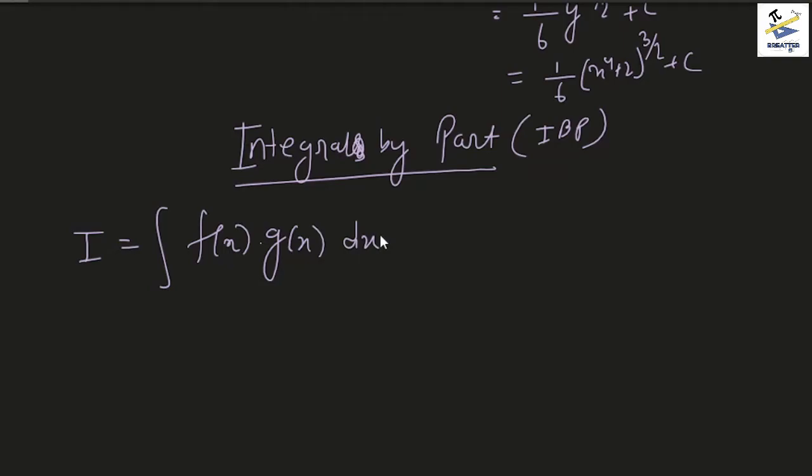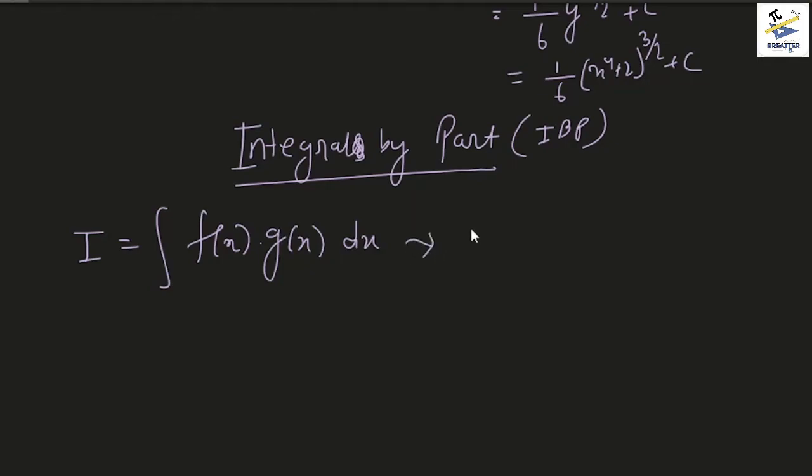What we do here is we try to label the functions as function 1 or function 2, and once we do that, we have an easier rule to find the integral in terms of another integral, which might be easier to solve. As with derivatives, it does not give you a direct answer, but rather gives you a newer integral which might be easier to solve, and we have a rule for it.